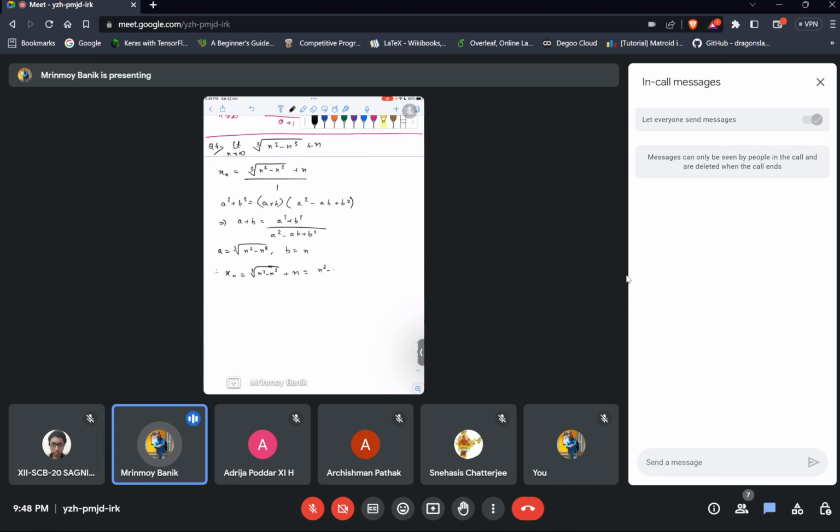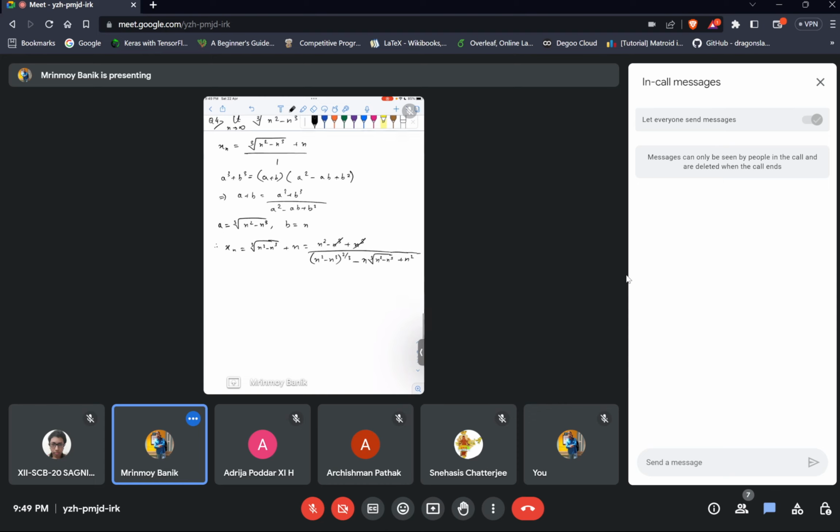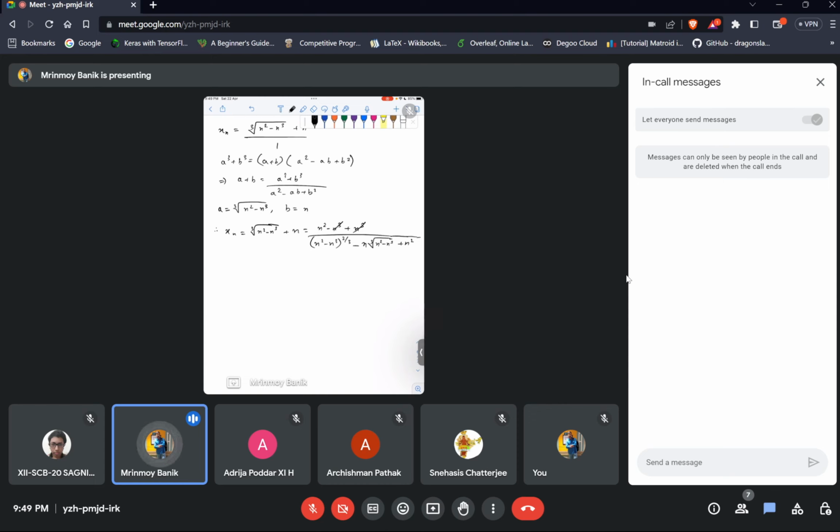A cube is n squared minus n cube, plus b cube is n cube, so n cube is cancelled, over a squared, which is n squared minus n cube to the power 2 by 3, minus ab, so n times cube root of n squared minus n cube, lastly plus n squared. So this is our new xn.